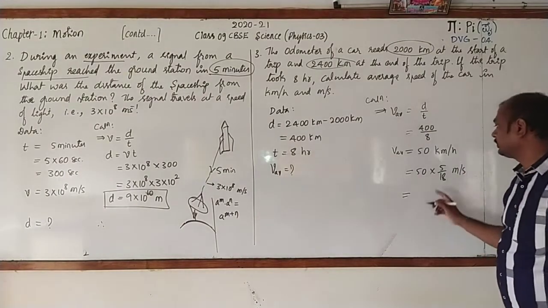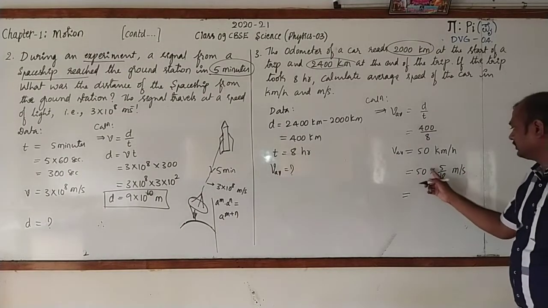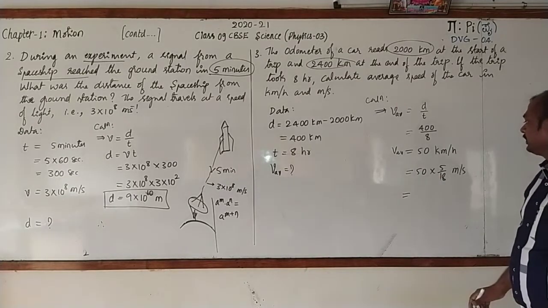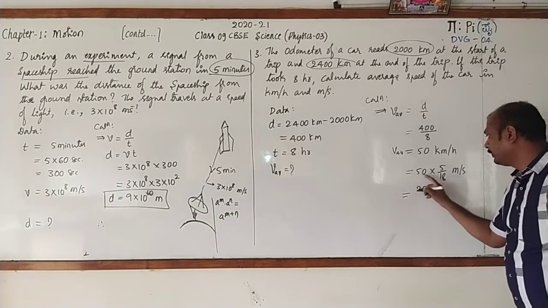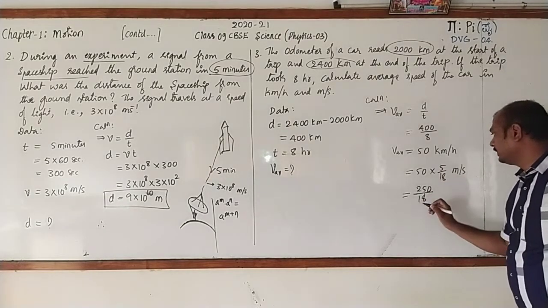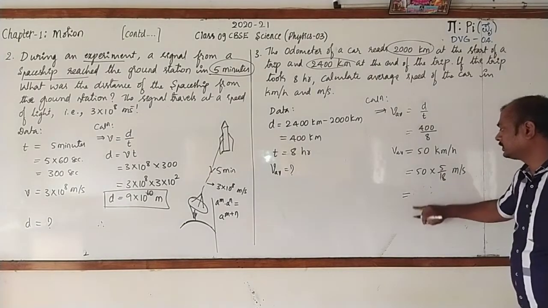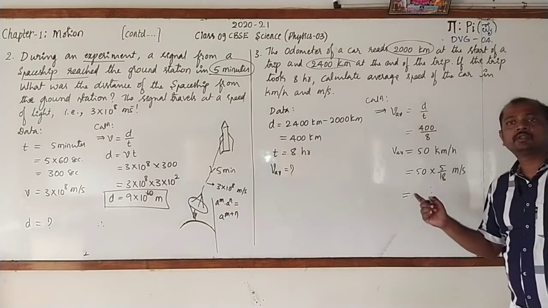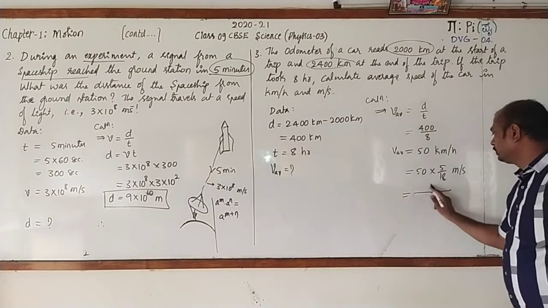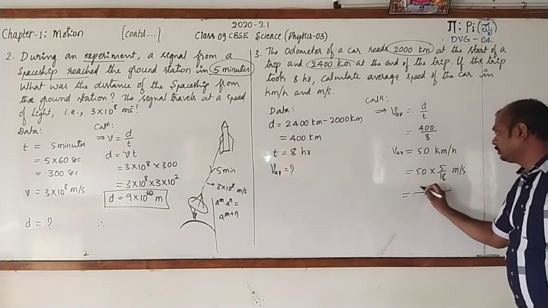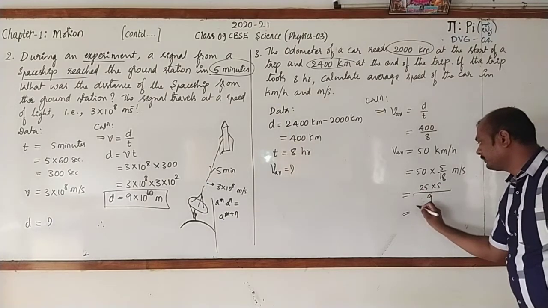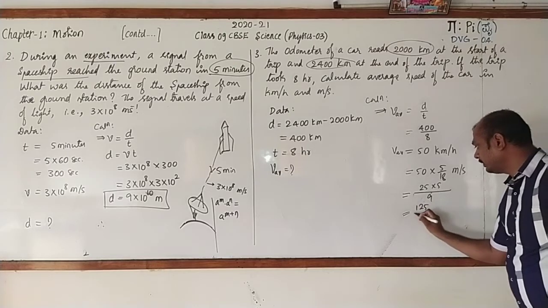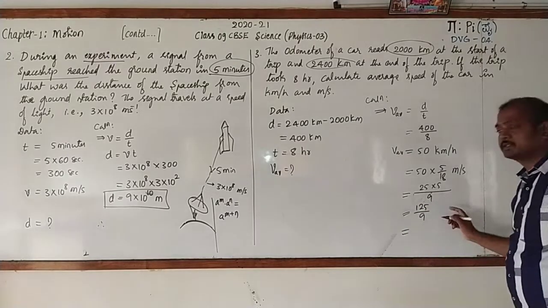You can go for cancelling, or else, so that you don't find it difficult, I'll go for multiplying: 50 times 5 is 250 by 18. Or else, as these two are even, cancel them by 2. 2 nines are 18, 2 twenty-fives are 50, then into 5, it is 125 by 9 meter per second.